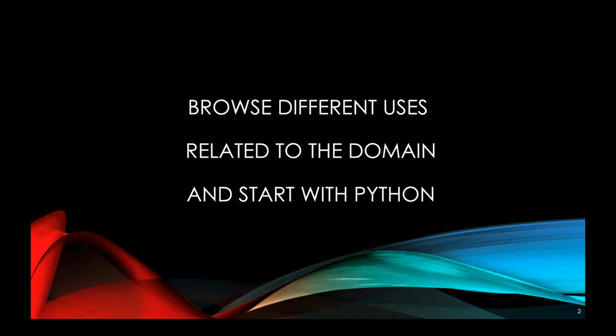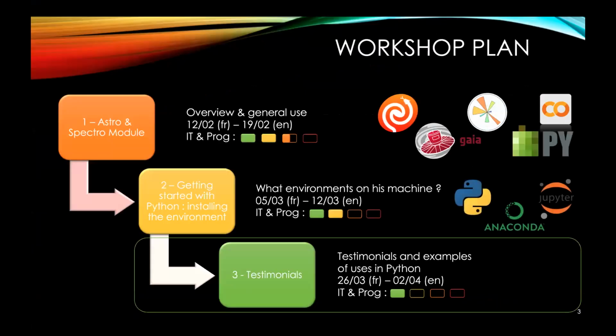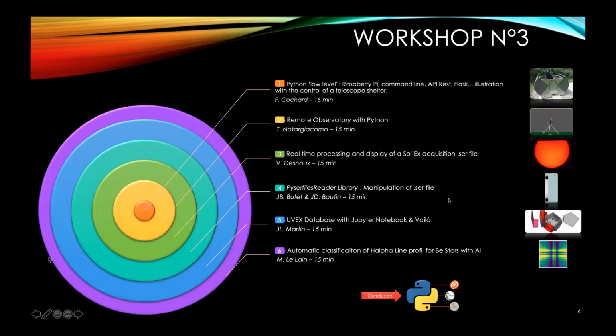The program of today is to watch testimonials and examples of uses in Python. We will see some great speakers, and we will start from the low level, from the materials, from hardware, and go upper next to the hardware.